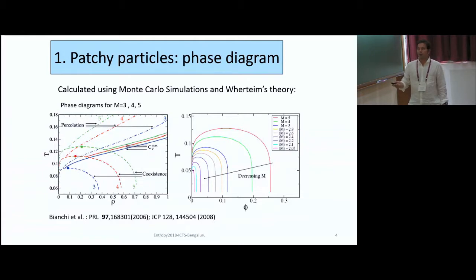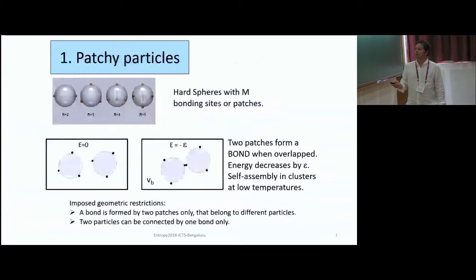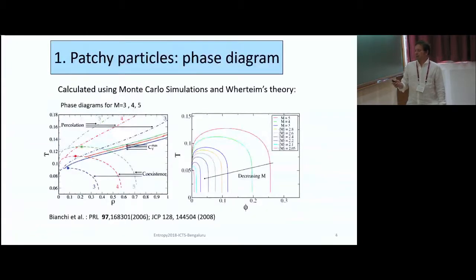So it opens up the possibility of having liquids at lower and lower densities. The problem is that, of course, this is a mean number of patches per particle, and in this calculation, and I will come to that in a moment, they have neglected the entropy of mixing, and you'll see that the entropy of mixing is important.